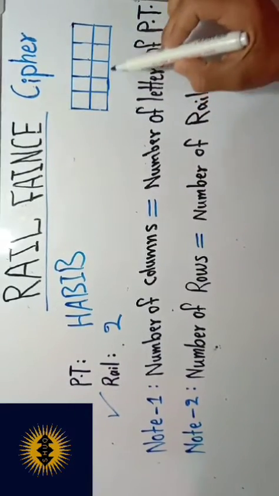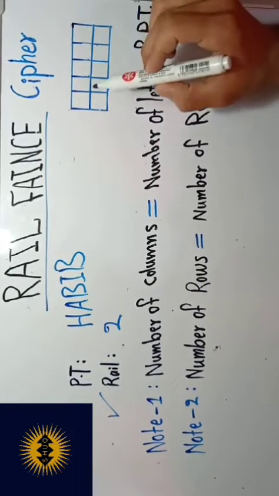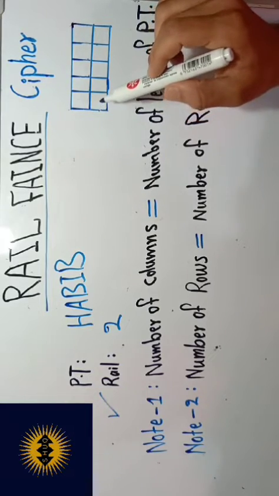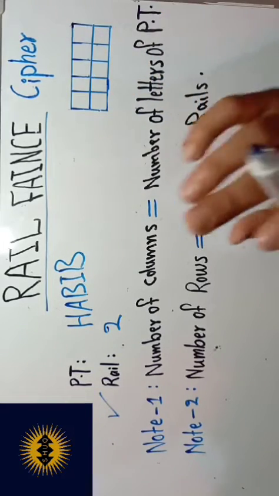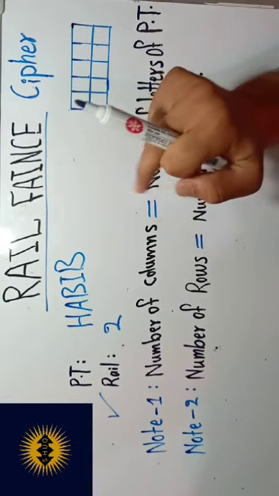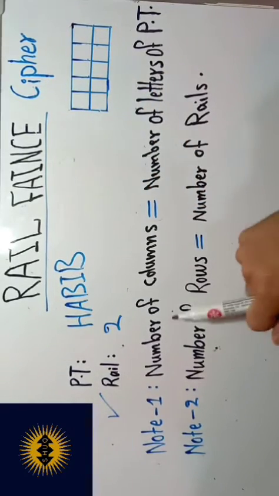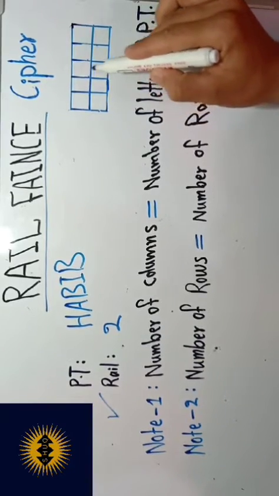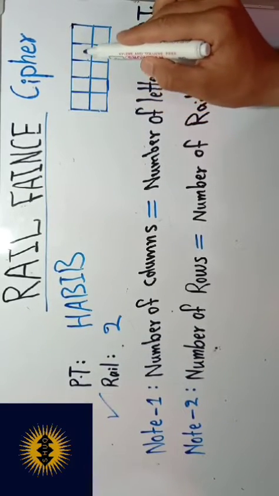I have already drawn a diagram. For drawing a diagram in Rail Fence Cipher, two rules are very important. The first one is the number of columns. These are columns 1 2 3 4 5.